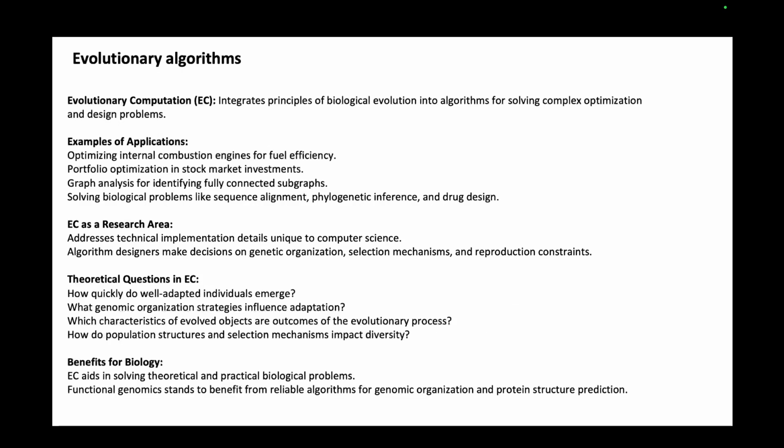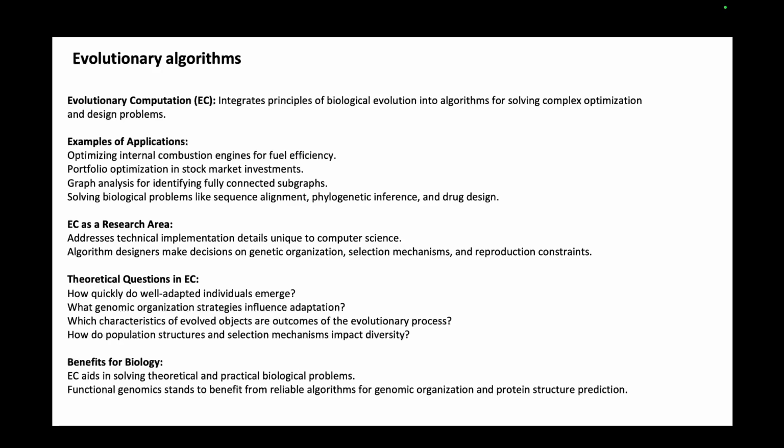Okay, this part I'll go over quickly because there are not a lot of examples that we have discussed here, but these are a very important part of the algorithms that we use to understand systems biology. Evolutionary algorithms are based on the principles of evolution.